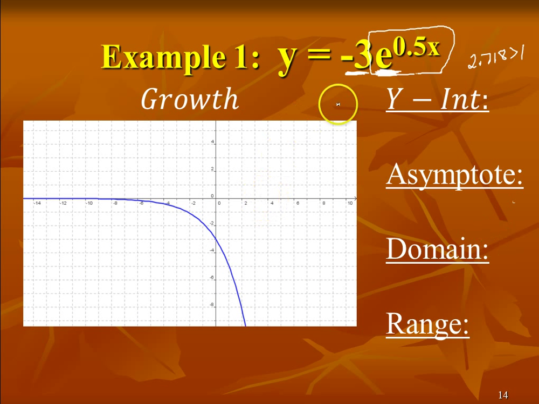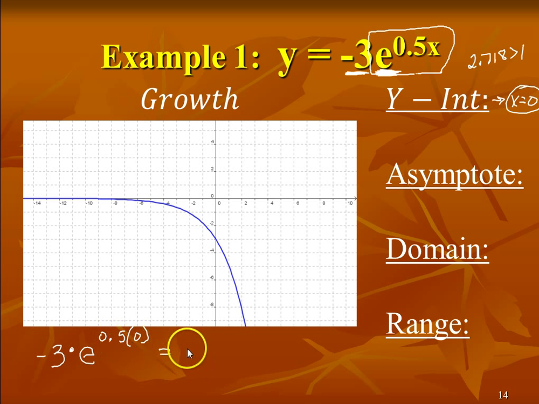Now, let's reference this picture to everything that we've been talking about the last couple days. Okay, first thing, y-intercept. How do we find the y-intercept? Remember we said the other day, a y-intercept is wherever x equals 0. So we got to plug that in and see what we get. So if I plug in x equals 0, I get negative 3 times e to the 0.5, and x has to be 0.